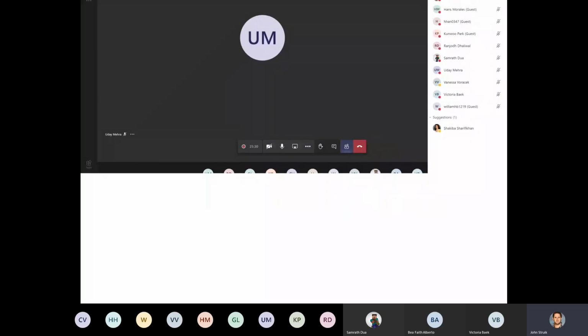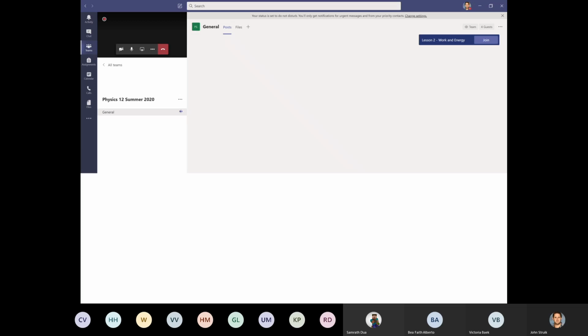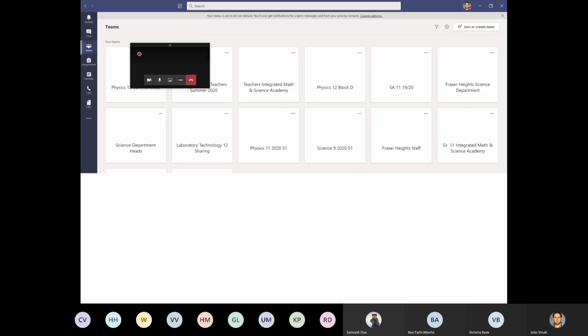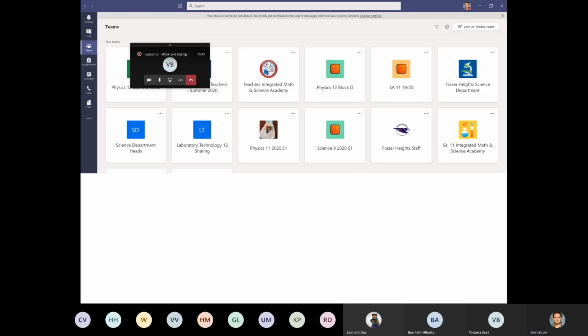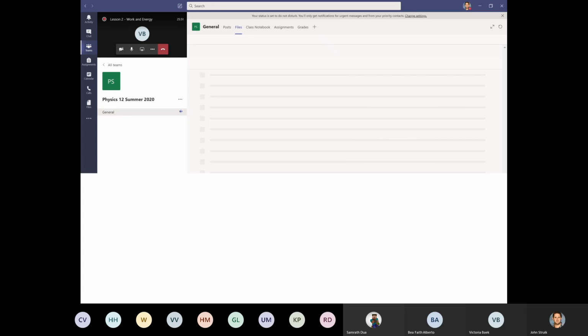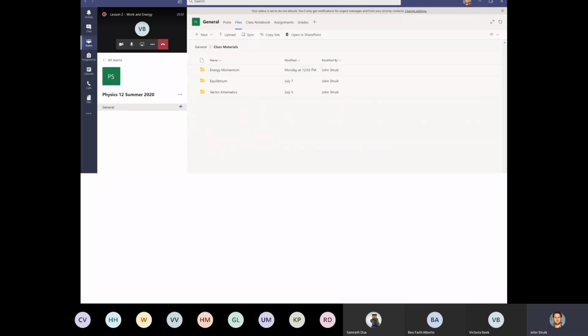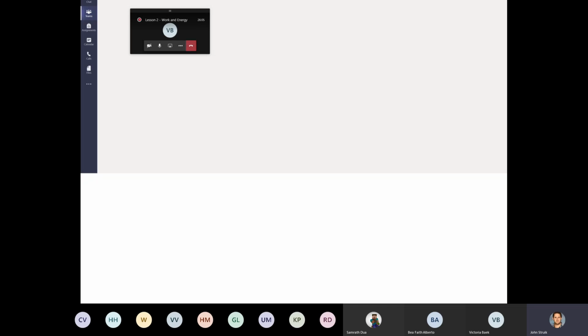If you go to the Files tab, Class materials, energy momentum. There is a worksheet package right here. So if you open that up.